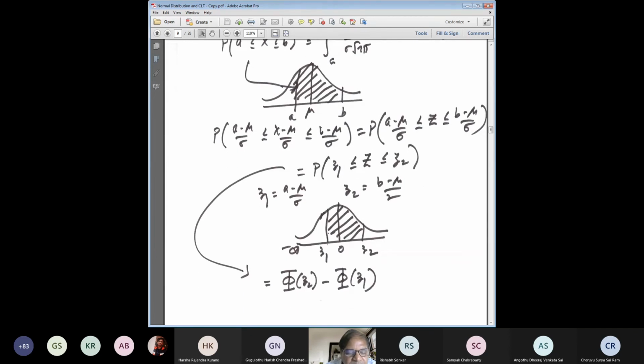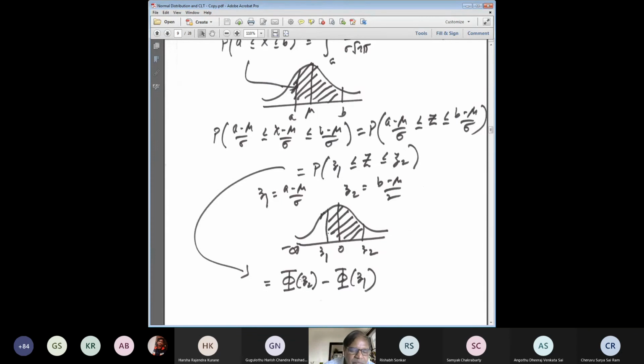Say suppose Z1 is coming on this side, Z2 is coming this side. So we know the property of the CDF, that this is equal to phi Z2 minus phi Z1. As I told you, the capital phi symbol is used in most books, but you will still find books where people use F(z) and small f(z).